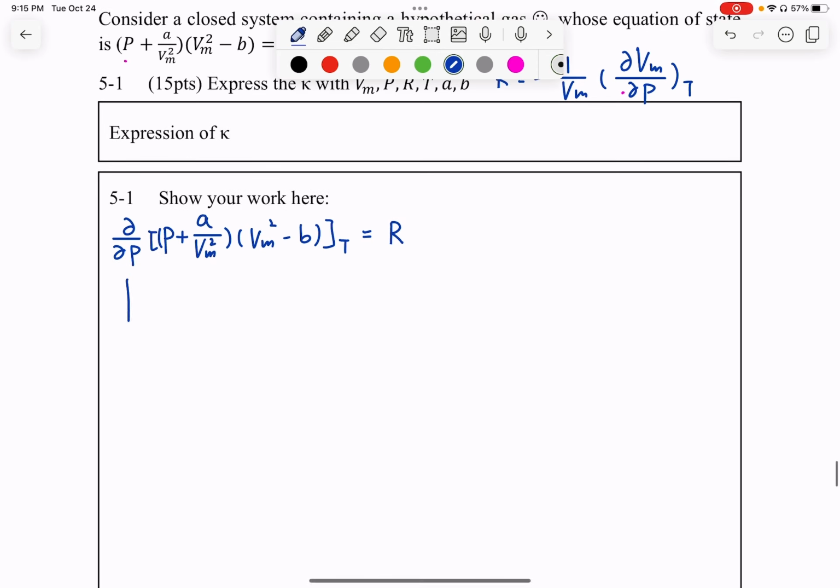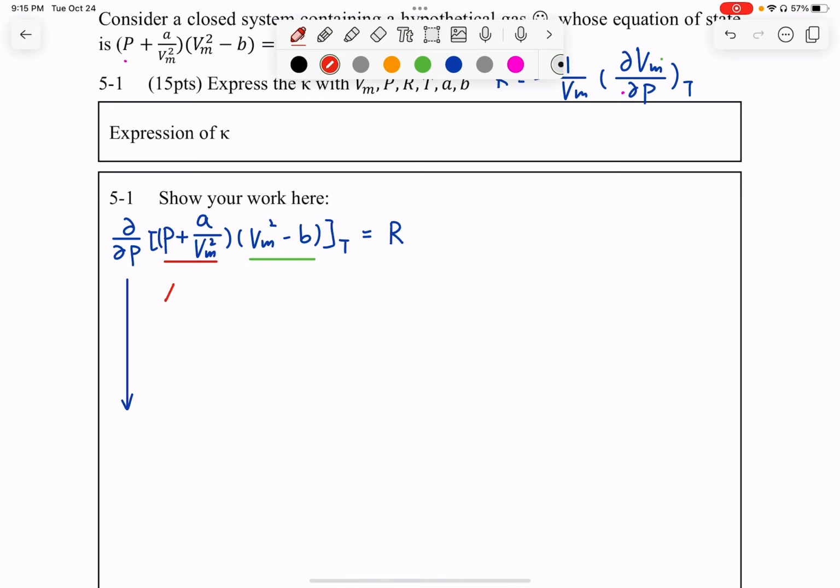Now on the left hand side, we have a pretty complicated relationship here, right? You have something like P plus a over Vm squared. You also have Vm minus b. And both of them have Vm in there. And what we have right now is that we want to have somehow a partial derivative of Vm in our expression.